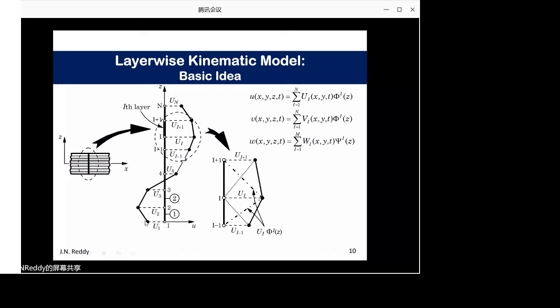The number of coefficients that you have to evaluate to generate the stiffness matrix are much, much less than in 3D elasticity. So here I'm showing you, for example, a 3D elasticity element, which shows cubic variation in the plane and linear variation through thickness, right?